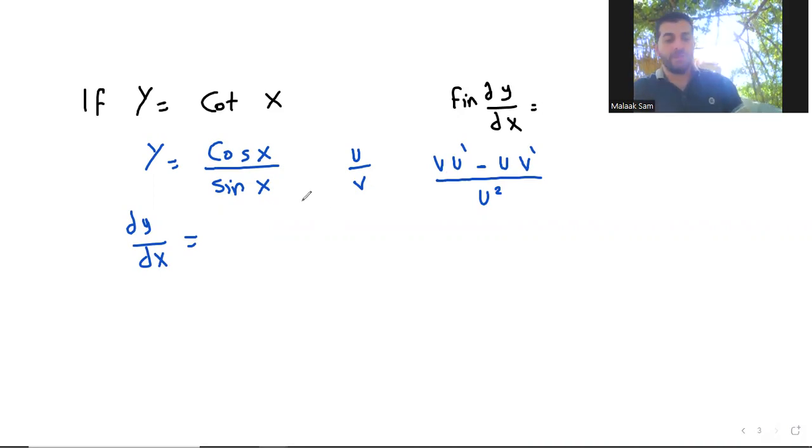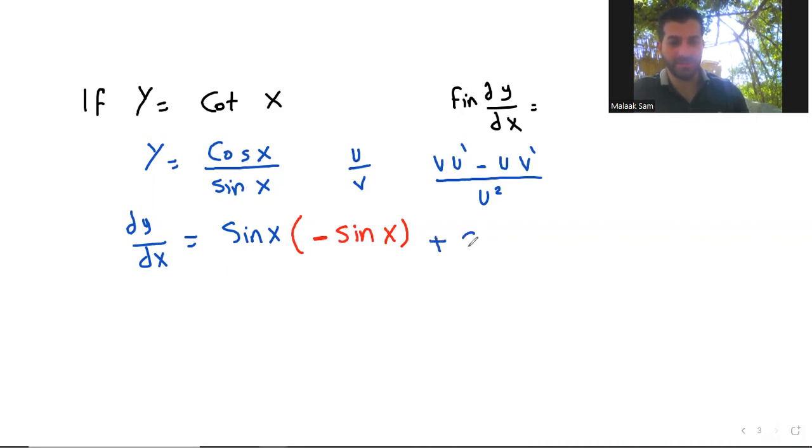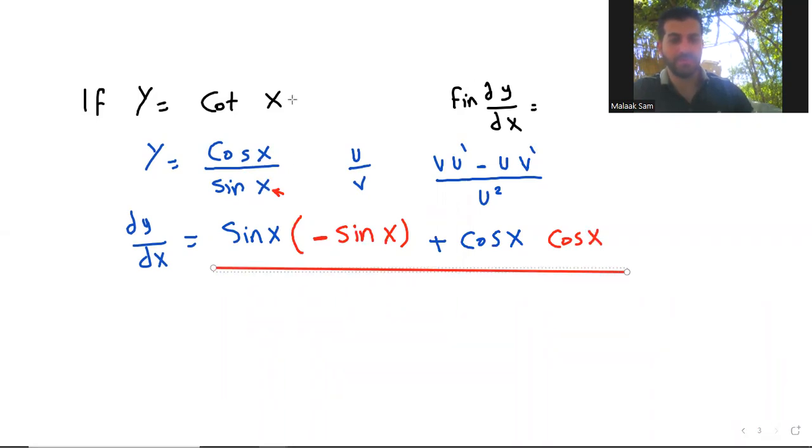So here dy over dx, we'll write sine x, the denominator, multiplied by the derivative of cosine x. The derivative of cosine x is equal to negative sine x, plus the top as it is, cosine x, multiplied by the derivative of sine x. The derivative of sine x is cosine x, all divided by the square of the denominator, sine squared x.